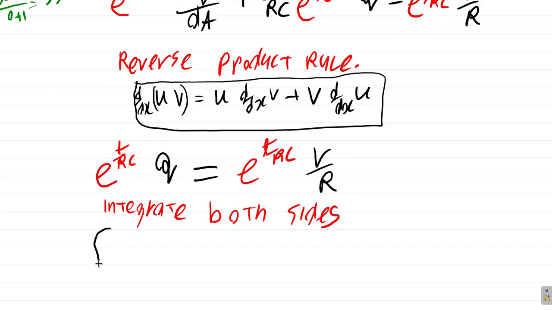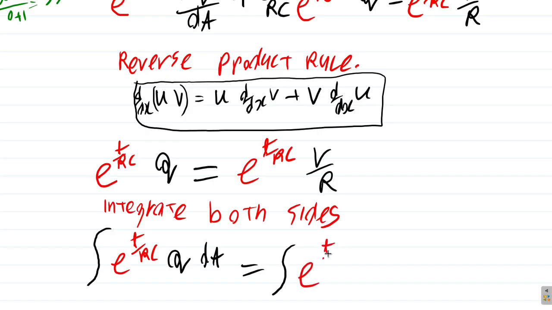Now you find the integral of e to the t over rc by q, and you're integrating with respect to t, is equal to the integral of e to the t over rc and v over r dt with respect to t, right?